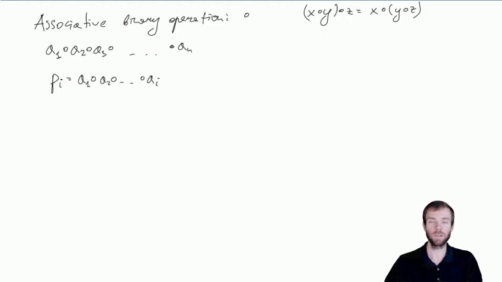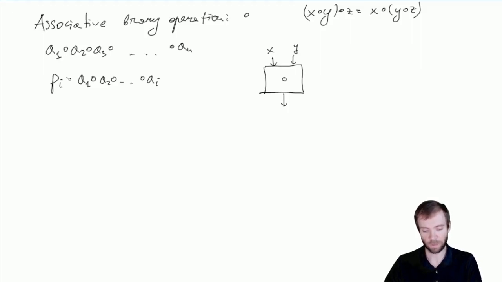We'll assume, just as we did in the adder, where we combined our adder out of building blocks, sigma 0 and sigma 1, that here we have a building block, some kind of sub-circuit, which is able to compute this operation circle. So we supply it with two things, x and y, and on the output we have the result x circle y, according to this operation, whatever it is.